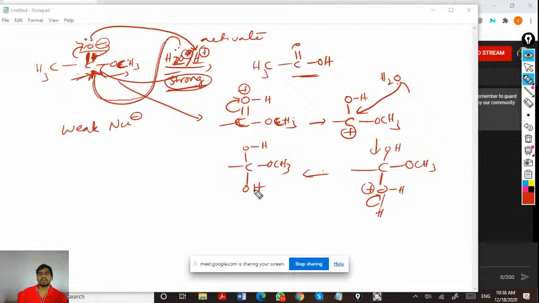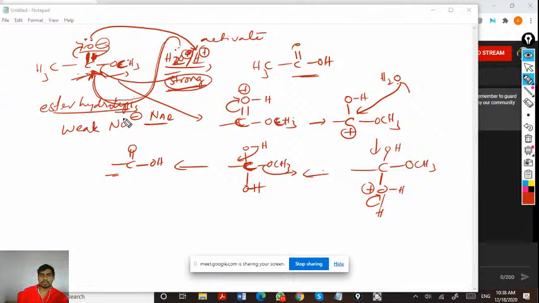A carbon having two hydroxy groups on the same carbon will not be stable, so it will release H plus, and this is a good leaving group, so it will leave, and it becomes C double bond O, OH, again an acid. This is called ester hydrolysis. So hydrolysis of carboxylic acid derivative is a nucleophilic addition reaction. This is one example.